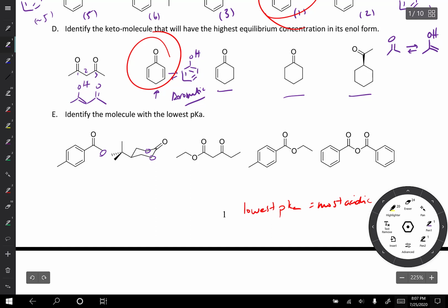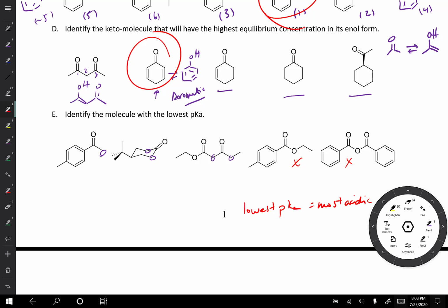There's some here and here, here and here. There are none on this compound and there are none on this compound. We have no acidic protons on these either, like an OH or an NH or something. That would be considered slightly acidic. So we're going to write an X on these. So these don't have any protons that would be acidic compared to these that are alpha to these carbonyls.